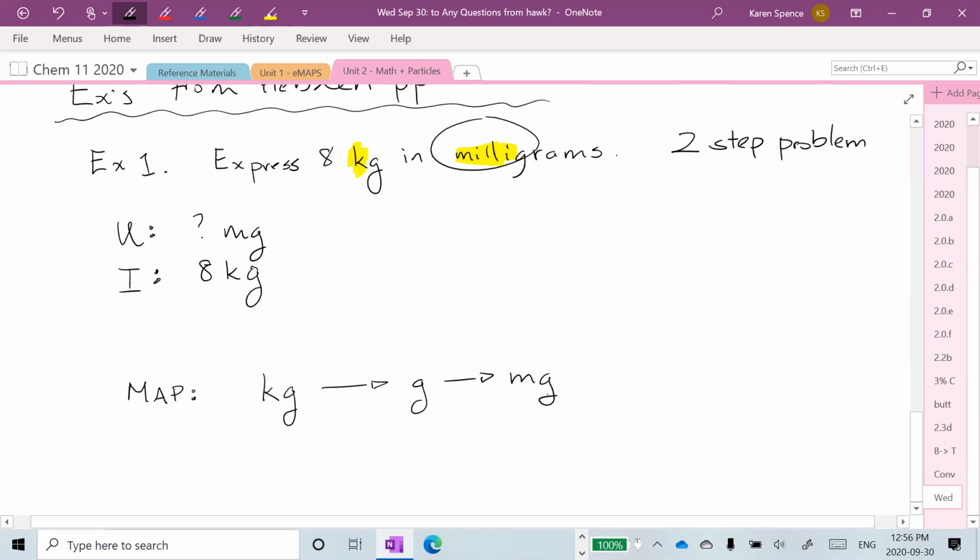And we need a conversion factor. So I'm going to list our conversion factors here. We need a conversion factor between kilograms and grams. So what power of 10 are we going to be using here? 10 to the what? Type it in. You just have to give me the what.